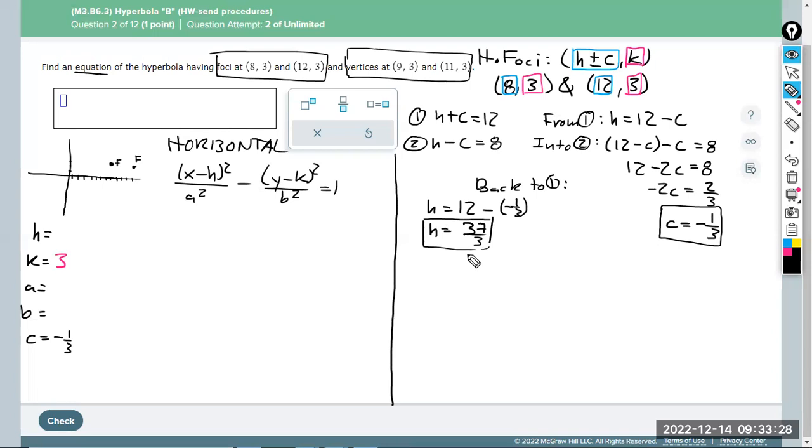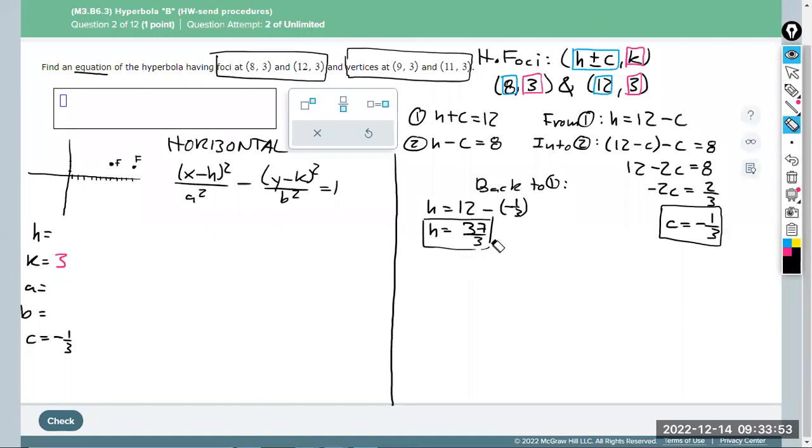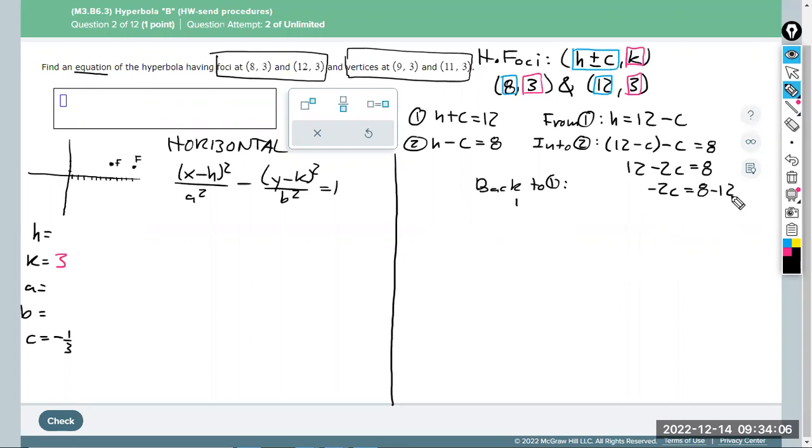Wait a minute. I'm sorry. I know. I made a mistake in here. I'm so sorry. Instead of subtracting, I divided 8 minus 12.